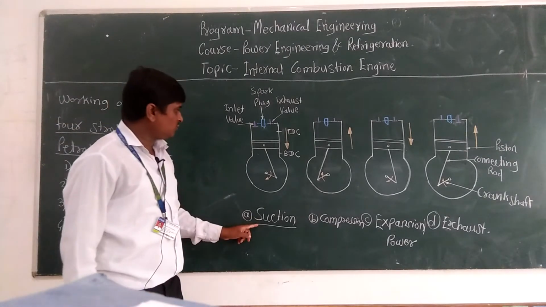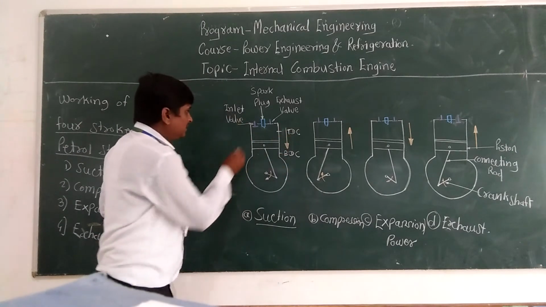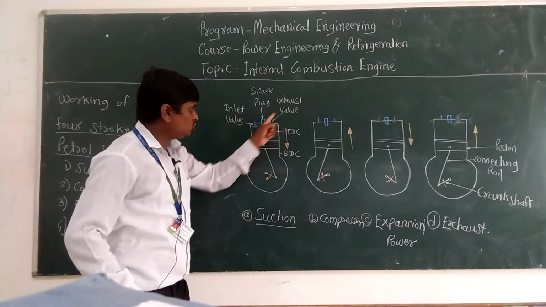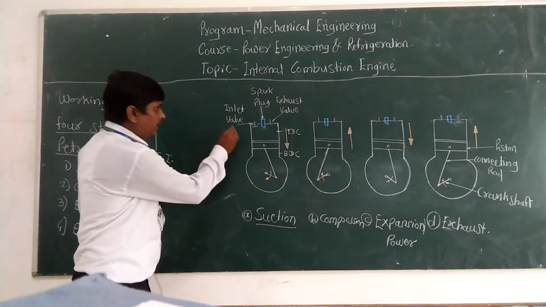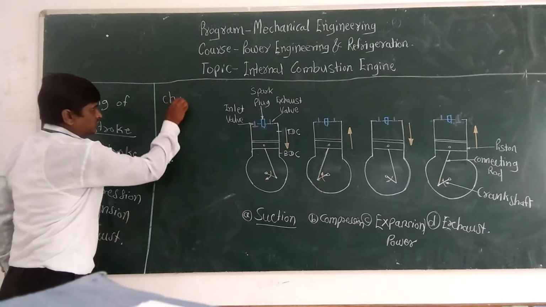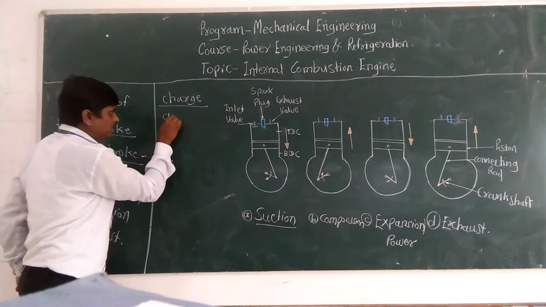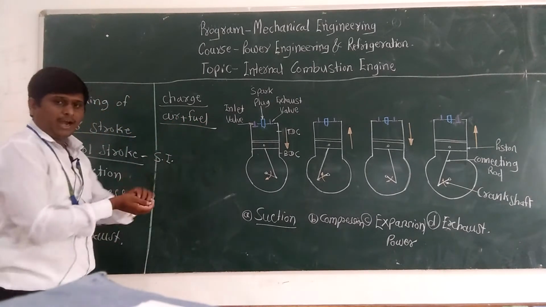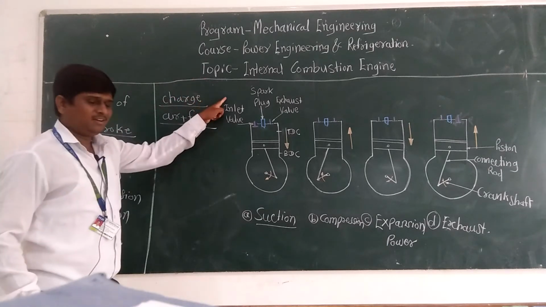Now, in the suction stroke, the piston moves from TDC to BDC, the inlet valve is open and the exhaust valve is closed. The charge, which is the mixture of air and fuel, passes from the carburetor.